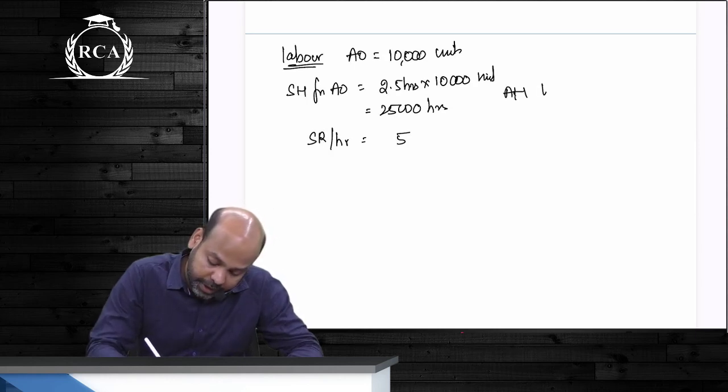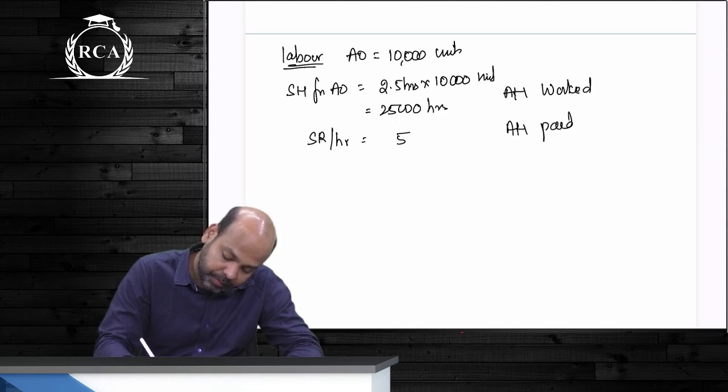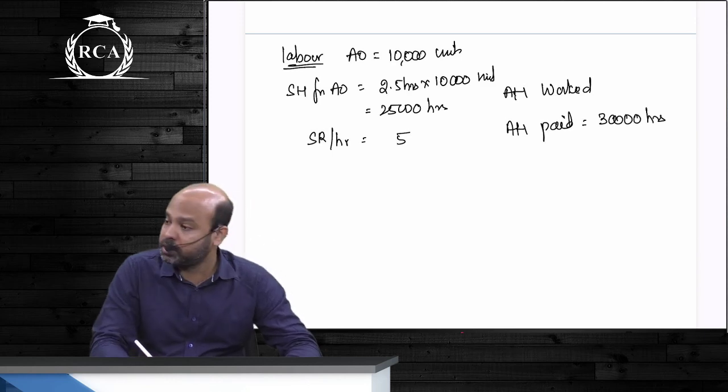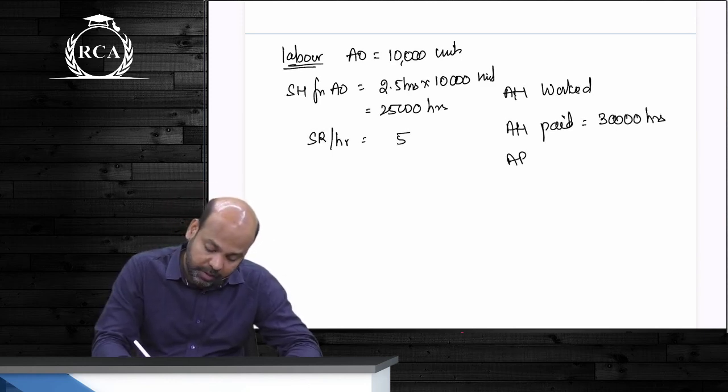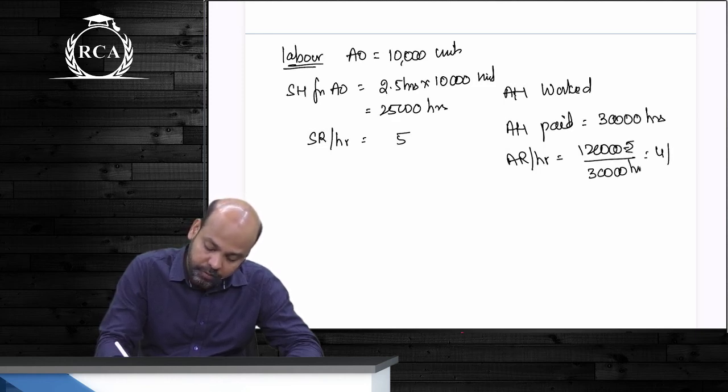I do not know AH worked, but I do know that AH paid is how many hours? 30,000 hours. And then beta, actual rate per hour beta कितना हो जाएगा? Or you can write ARAH. 1,20,000 rupees is for how many hours? 30,000 hours. So that will become 4 rupees per hour.